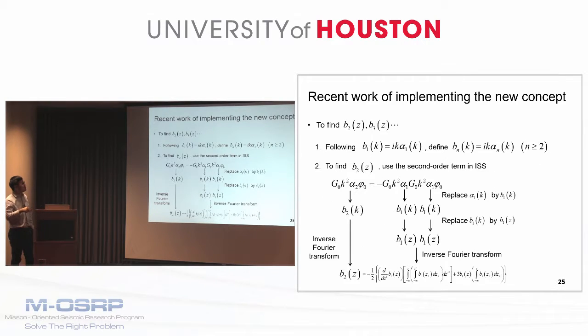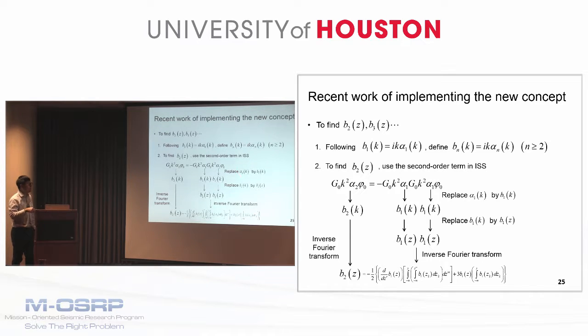Then to find B2, B3, and so on, following the definition of B1 and alpha 1, we define Bn in terms of alpha n, where n is equal to or greater than 2. For example, to find B2, here we show several major steps to find B2 using the second order term in the inverse scattering series.